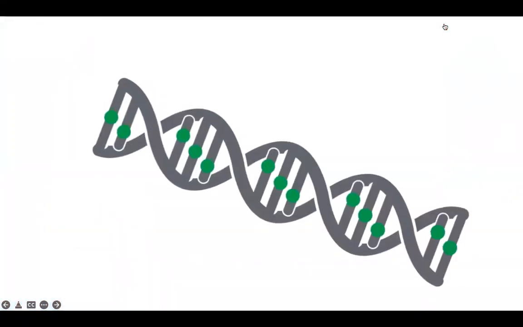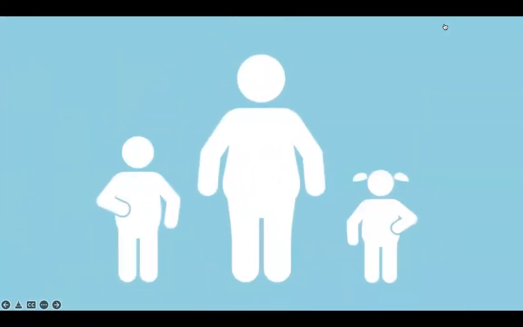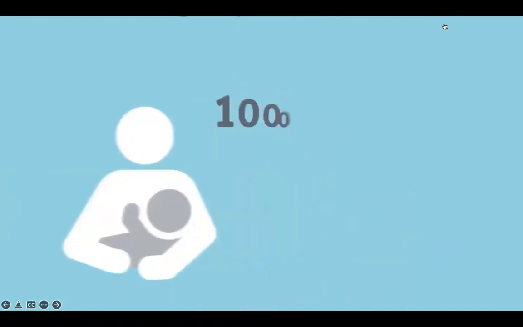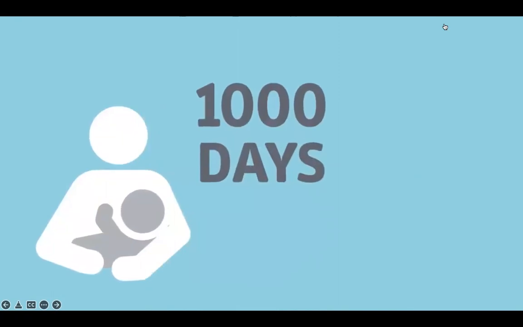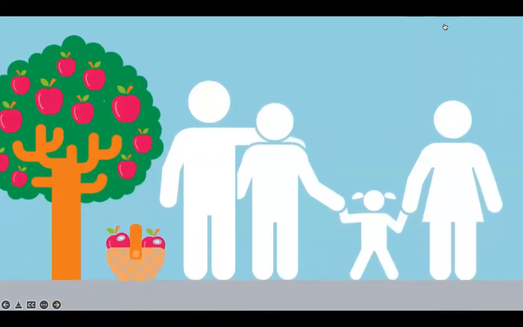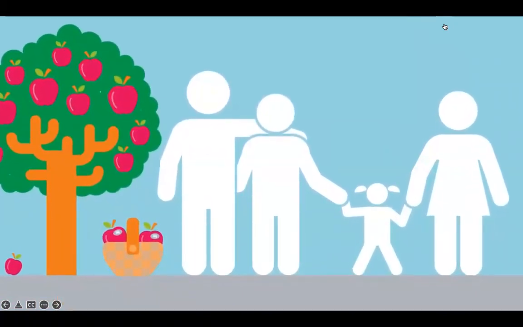More worryingly, weight problems can be passed from generation to generation through our DNA, creating potential major health problems for future generations. So, healthy nutrition in the first 1,000 days of life, including breast milk and foods low in sugar, will help protect you, your children, and future generations from digestive and other health disorders.